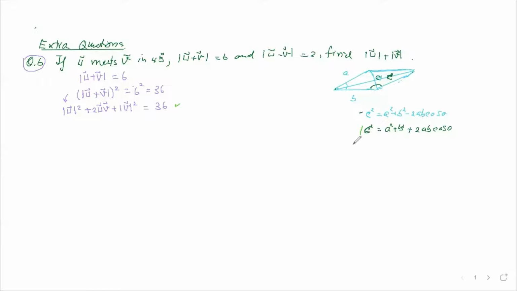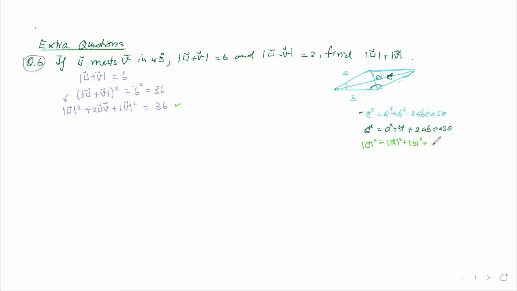So we're going to have the absolute value of vector A power 2 plus the absolute value of vector B power 2, and the absolute value of C power 2, like this.